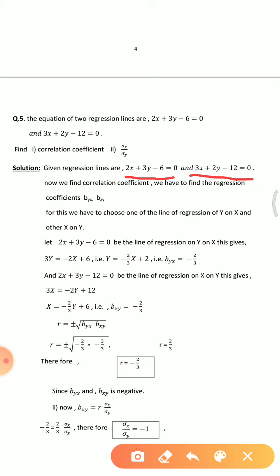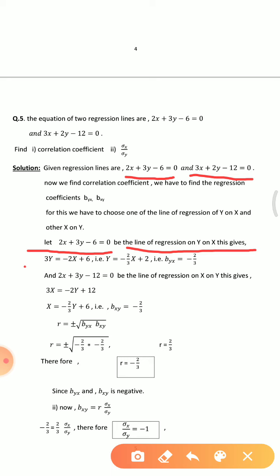Let 2x + 3y - 6 = 0 be the regression line of y on x. You have to assume this because the question does not specify.